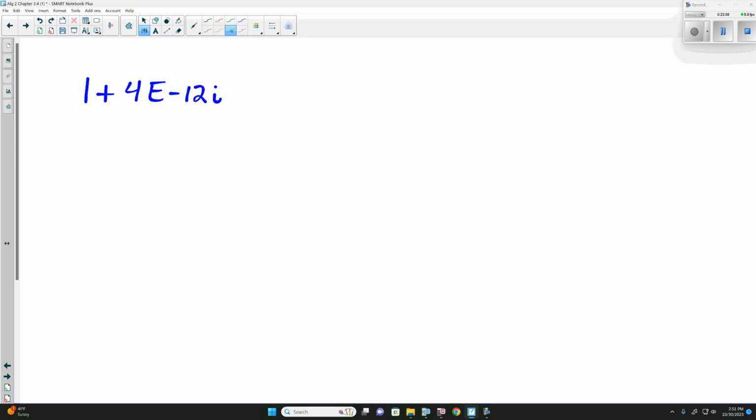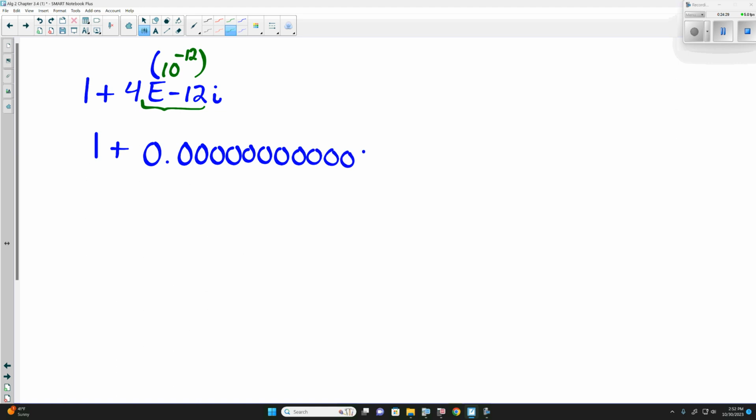Now the calculator, when we plugged it in, gave us this. Now e to the -12 in the calculator is saying that we're multiplying 4 by 10 to the -12th. And with 10 to the -12th, what that's telling us is that we have to move the decimal 12 places to the left, really. So we would get 0.1, 2, 3, 4, 5, 6, 7, 8, 9, 10, 11.